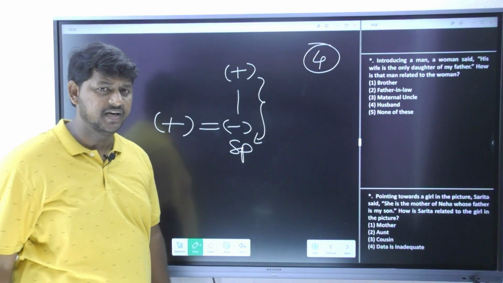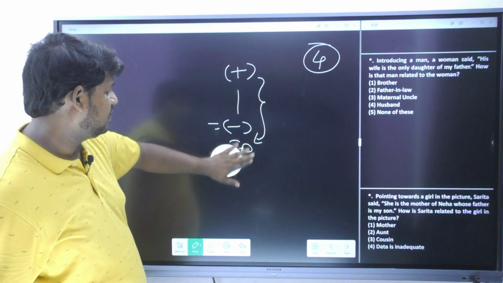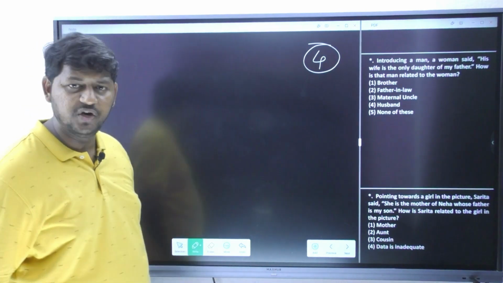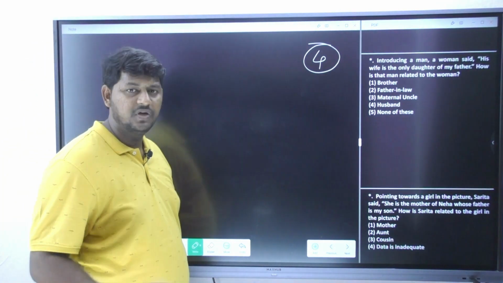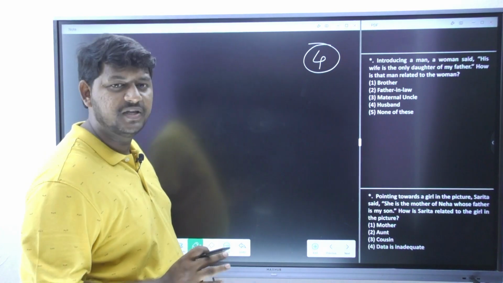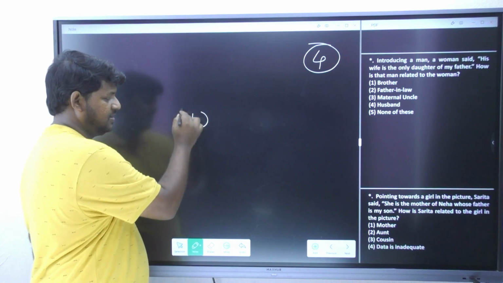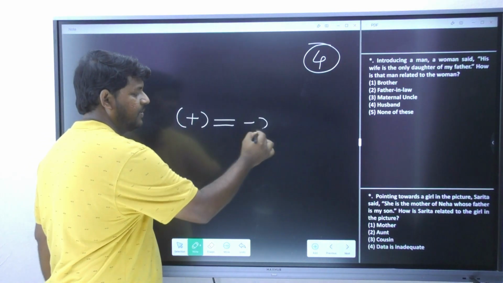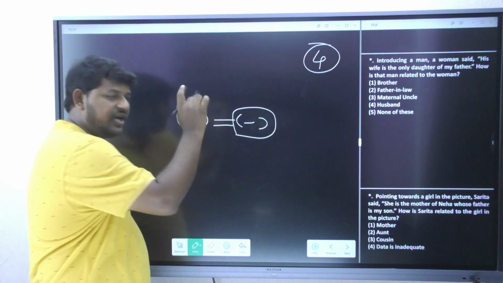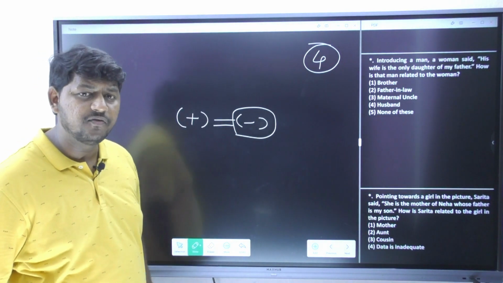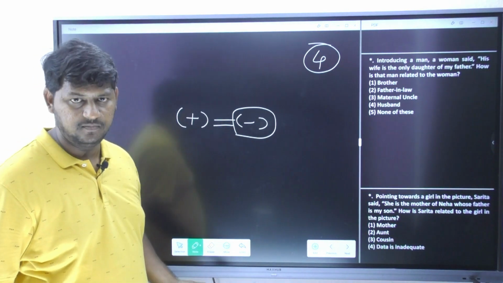Please do understand here very clearly. If at all you have any other doubt, I'm just going to explain it one more time, because you may go wrong with this information. His wife, this person is the only daughter now. Only daughter of whom? Speaker's father.